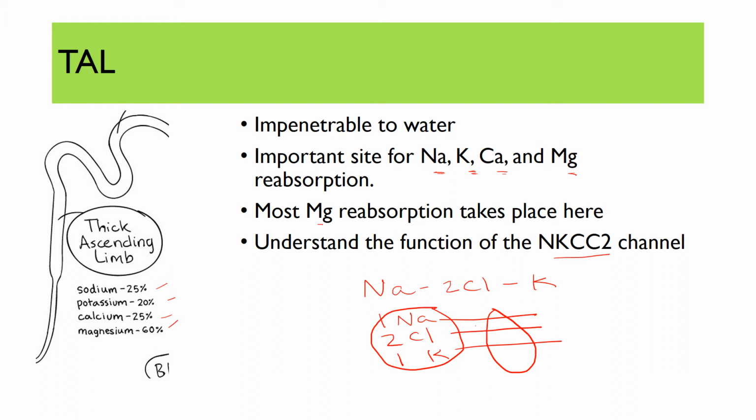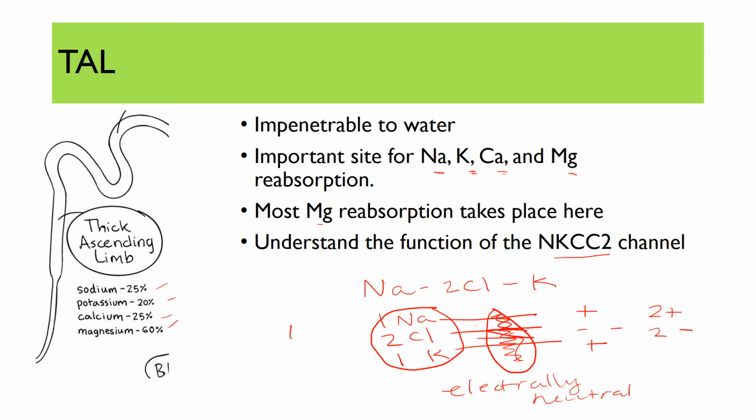And you'll note that 1 sodium is 1 positive charge. Chlorides, if you have 2 chlorides, that's 2 negative charges, and 1 potassium is 1 positive charge. So there are 2 positive charges and there are 2 negative charges that are entering using this transporter here, meaning whenever these solutes use this co-transporter, it is an electrically neutral event because 2 positives and 2 negatives cancel each other out, right?